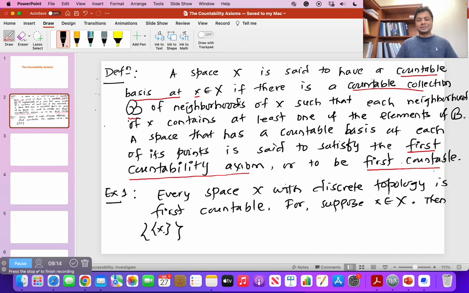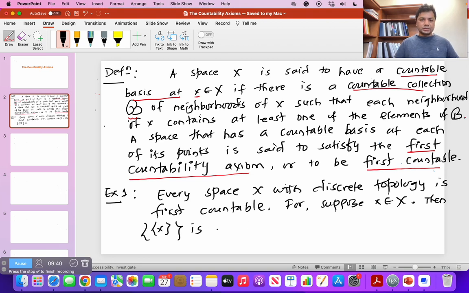So this collection satisfies the condition for a countable basis, and this collection of one singleton set will serve as a countable basis for X at x.